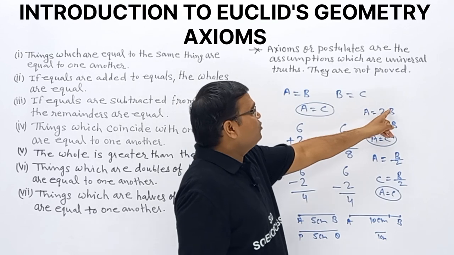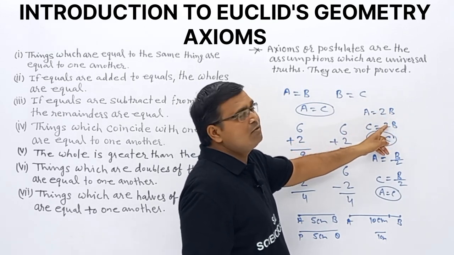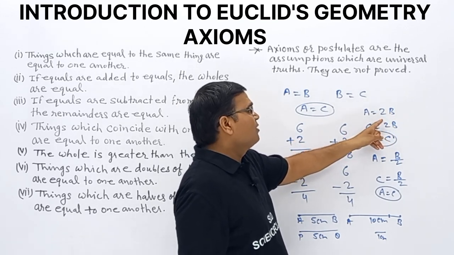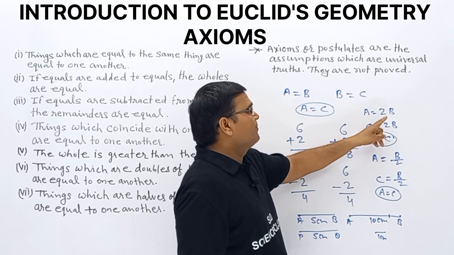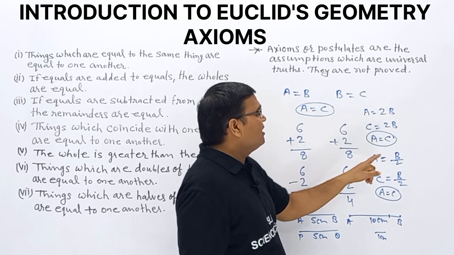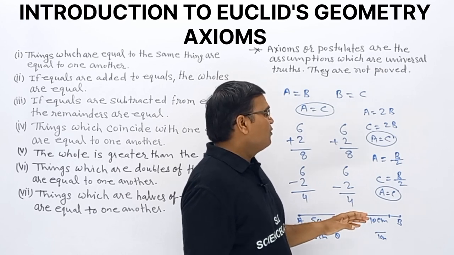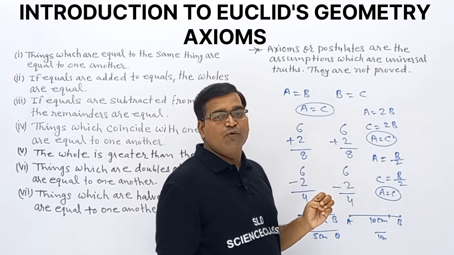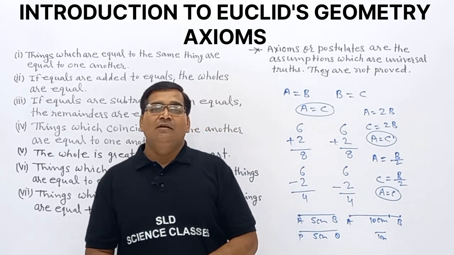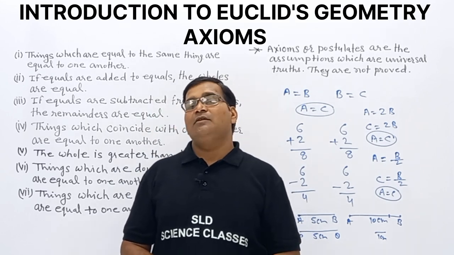We are having two things, both are same, and doubles of these two things will be equal. And halves of these things will be equal. So these are 7 axioms given by Euclid.